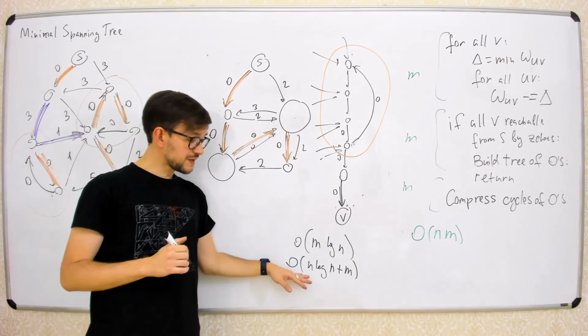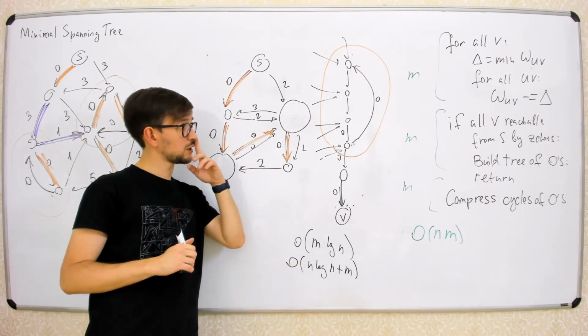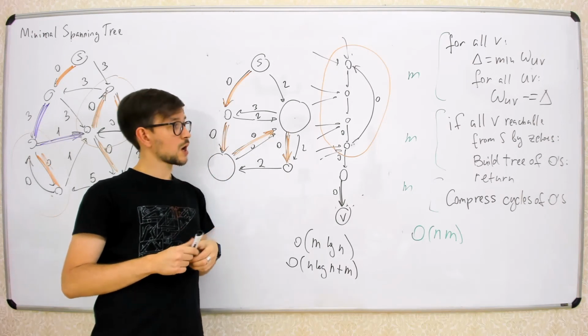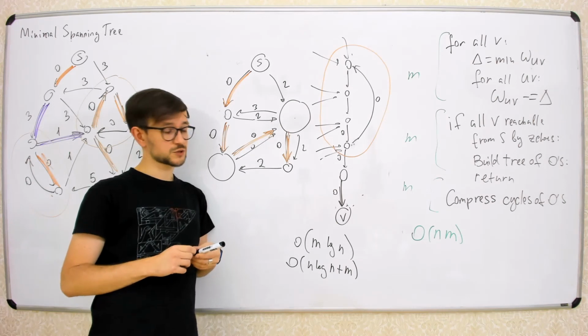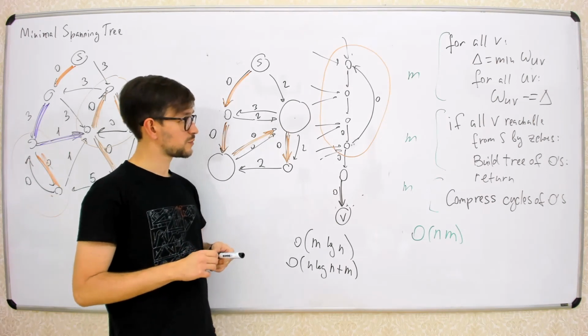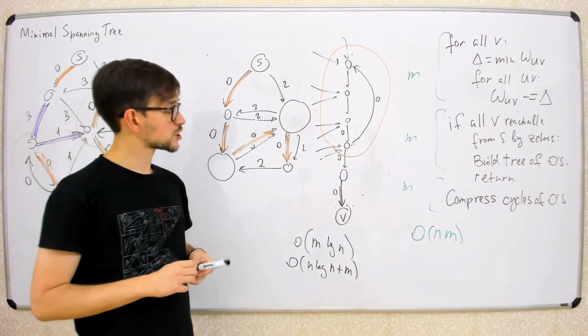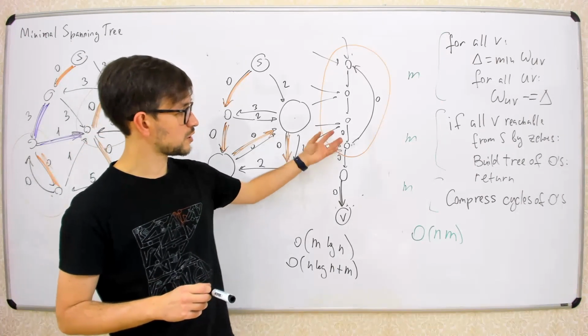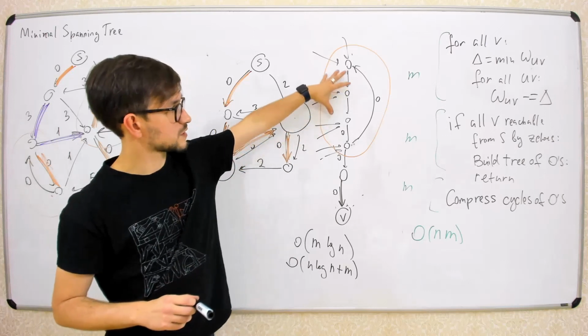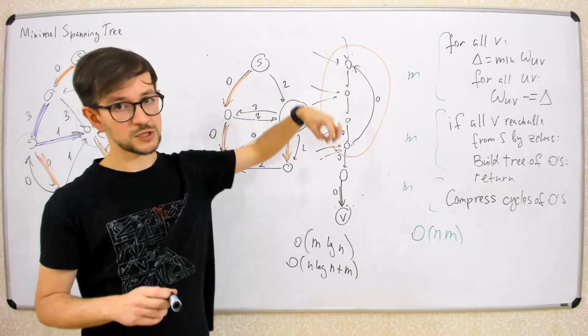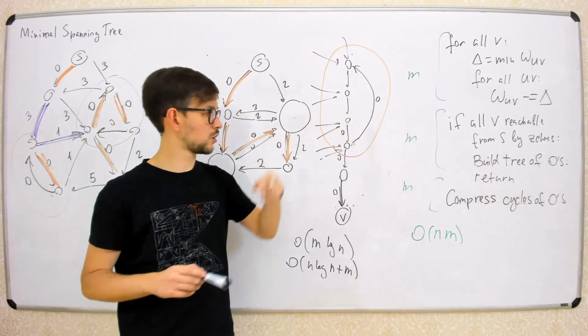And the way you do this is by using Fibonacci heaps. But it's not as easy as it looks. You can't just apply a Fibonacci heap, because each time you need to remove a minimal edge, and when you compress the cycle into a single node, you have a lot of loop edges.